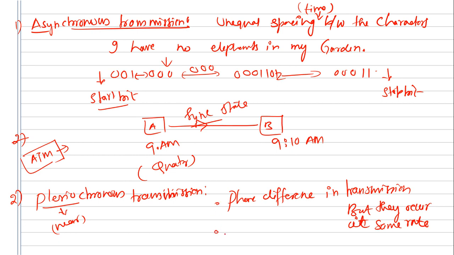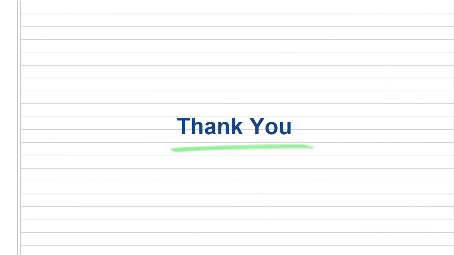So there may be a phase difference, but it lies within a specified limit. So this phase difference of the transition between two signals lies in a specified limit. Okay. So this was regarding the Plesiochronous.